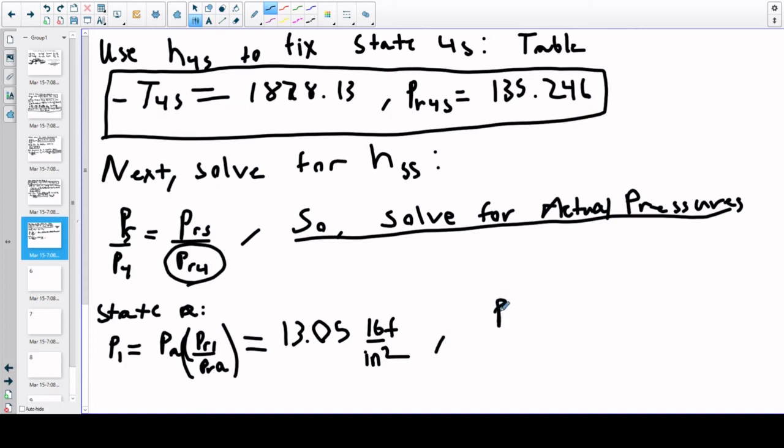Or no, it's not expansion, is it? I can't remember which one it is, but it goes through the valve isentropically, so you can use PRs. And then for the compressor, we know the compressor's pressure ratio, which is 12. So that means that P2 has to be 12 times higher than P1. If it wasn't that, it's not a compressor.